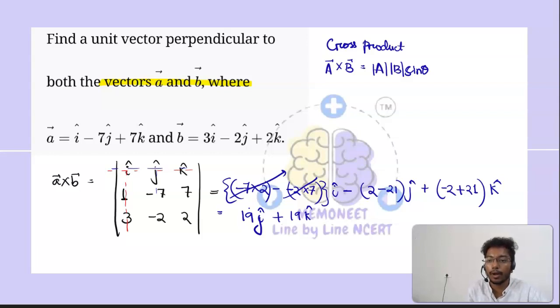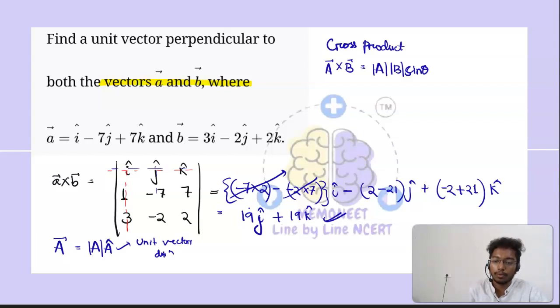What we are trying to find is the unit vector perpendicular to both vectors, and this vector is perpendicular. To find the unit vector, the coefficient must be 1. For a vector a, we have the magnitude of a times a cap, where a cap is the unit vector direction.